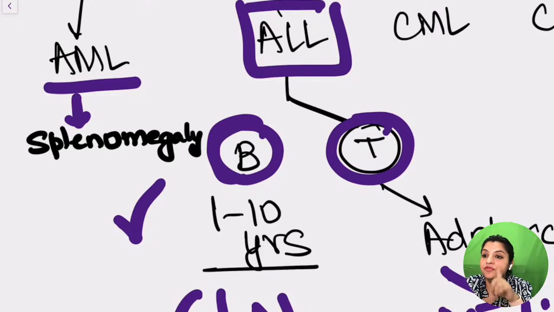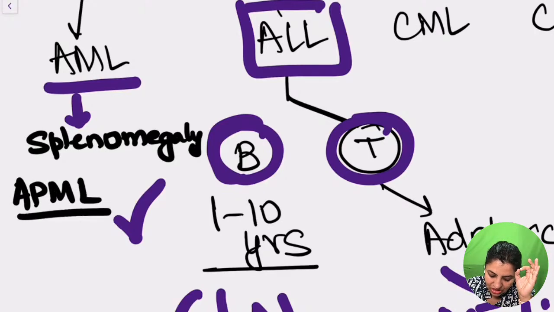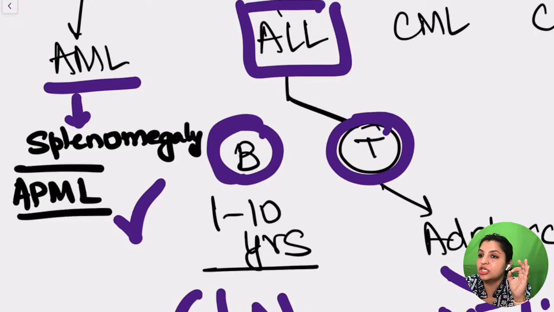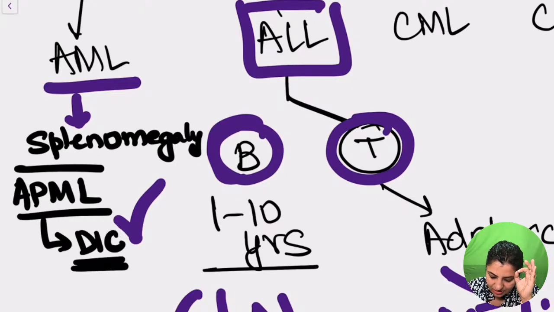Every acute myeloid leukemia has a particular characteristic, but one of them which is a medical emergency, and they can give you as a question, is acute promyelocytic leukemia. It is a medical emergency because it presents with DIC.